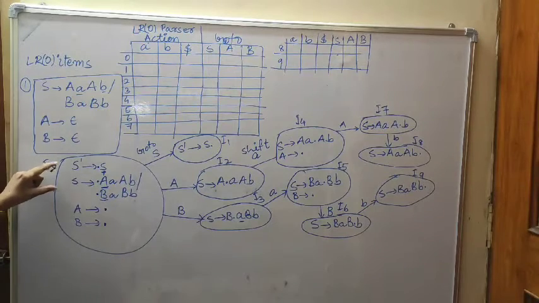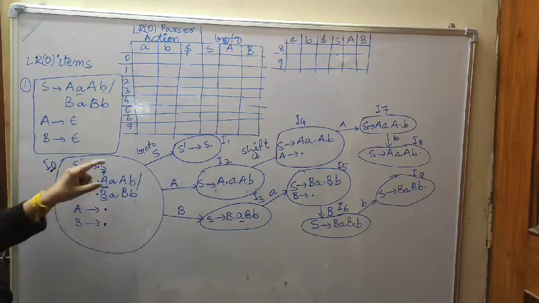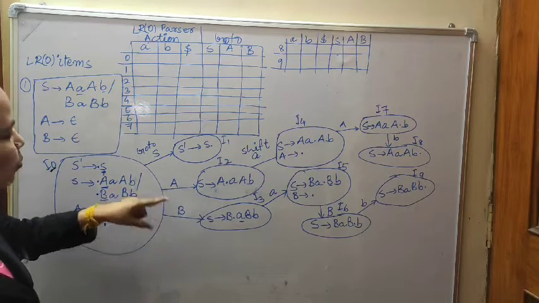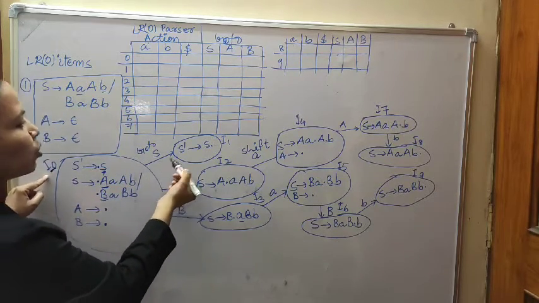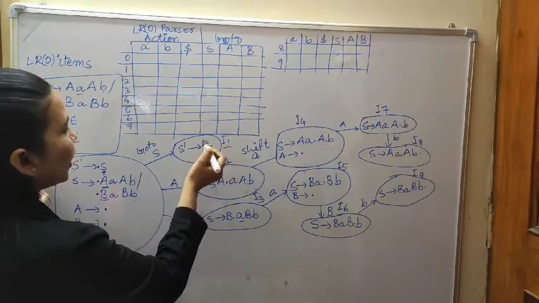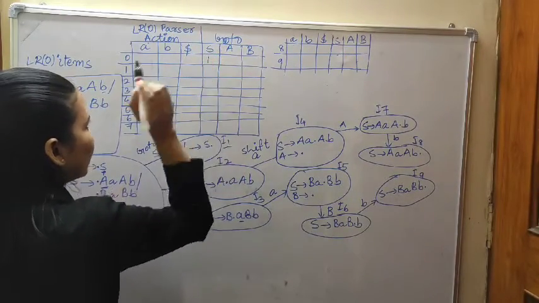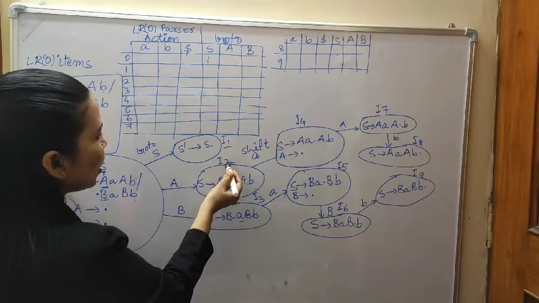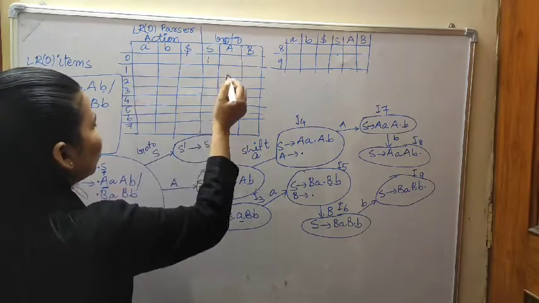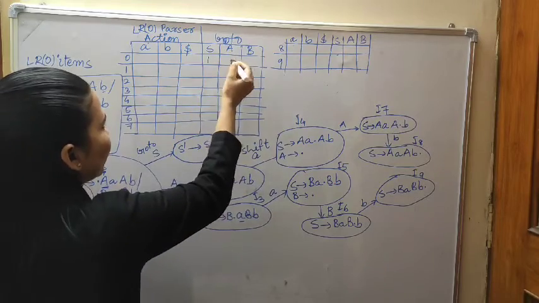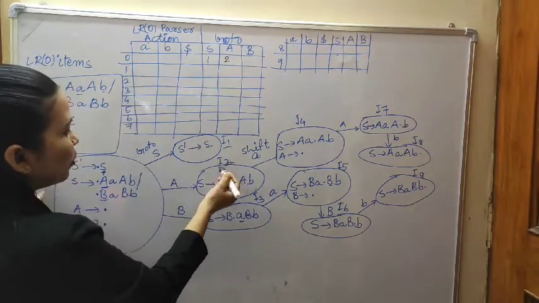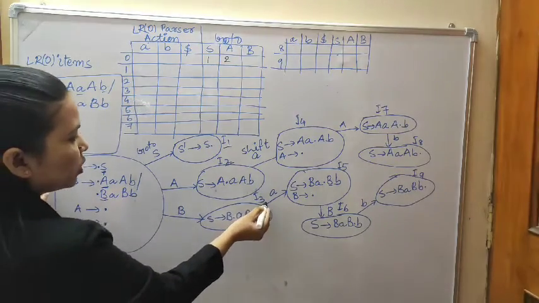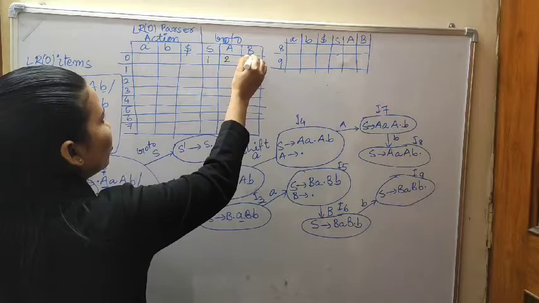From I0 we are going to S, A and B. If we go from I0 to S, which state? I1. So write down 1 here. If we go from I0 to A, which state? I2. So from state 0 on A, we move to state number 2. And from I0 to B, which state? State 3. Write down 3.